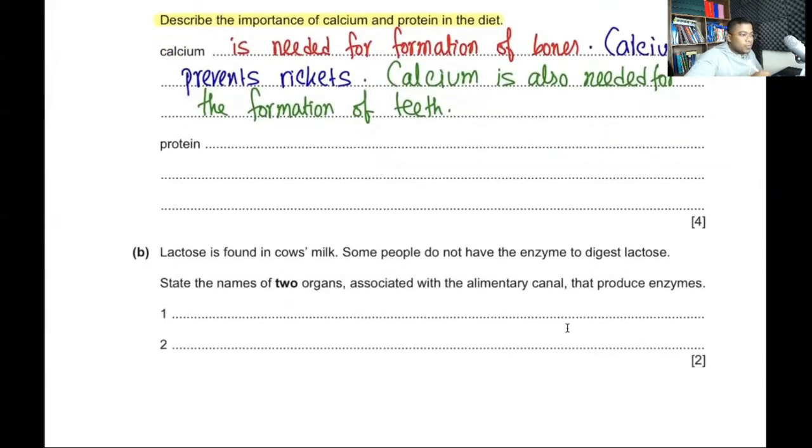Protein. Protein is needed to repair tissues. Protein allows growth.